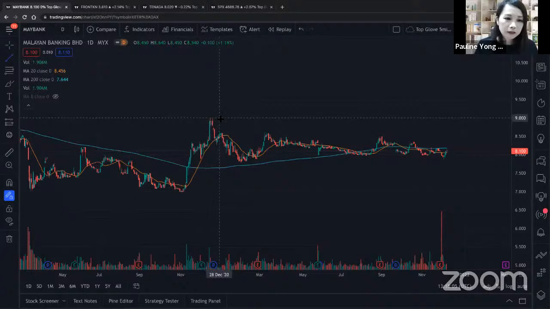For example, if this tail is also touching the previous swing high or swing low, then I may use this tail because I want to sync with the previous swing high and swing low as well. That's why occasionally I will use the tail.